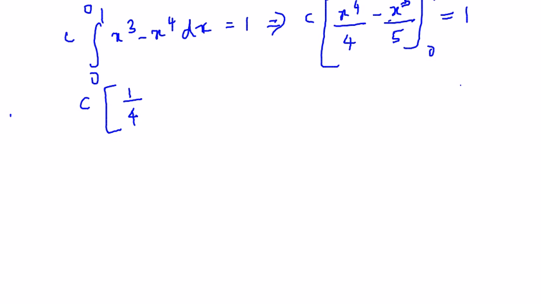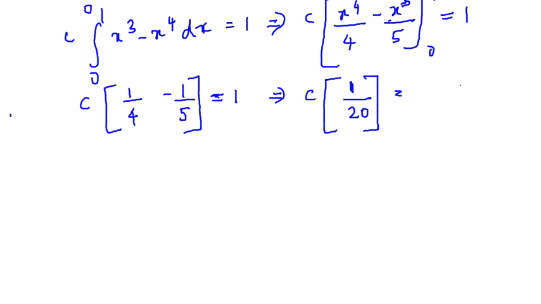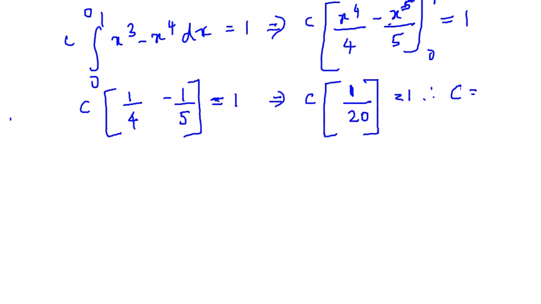So 1 by 4 minus 1 by 5, lower limit is anyway 0, so we can ignore it, is equal to 1. So this means if I take LCM, it is 20. So 5 minus 4 is going to be 1. 1 by 20 is equal to 1. Therefore, the value of C is equal to 20. So this is the first part.